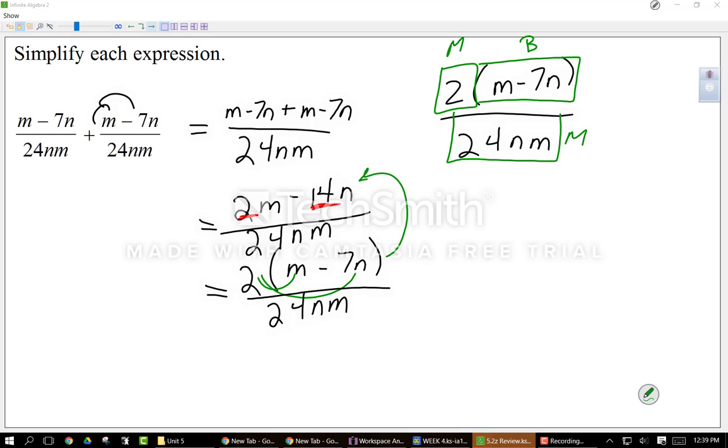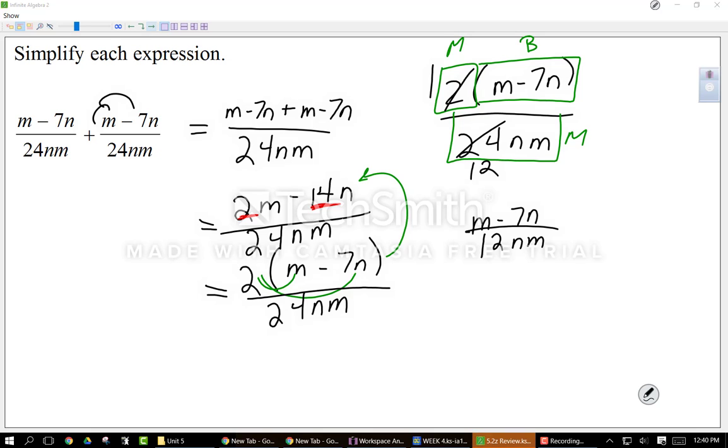Remember, when we cancel rational expressions, I can only cancel like nomials. So 2 and 24, because those are both monomials, I can cancel. So this becomes a 1, and this 24 becomes a 12. So what am I left with up top? I'm left with m minus 7n, with the 1 out front, but I just distributed it and it goes away, over 12nm.